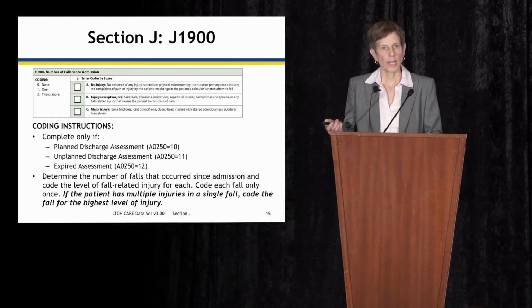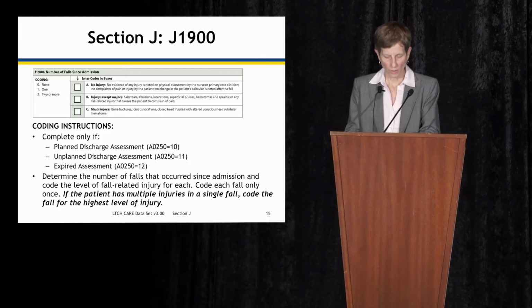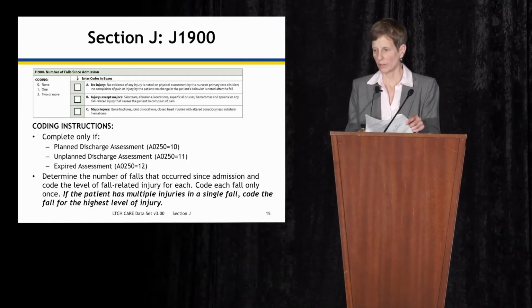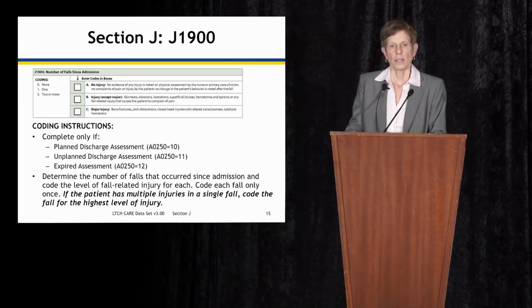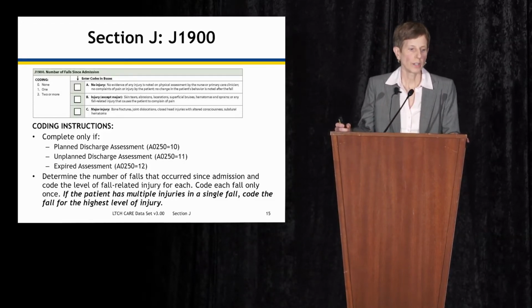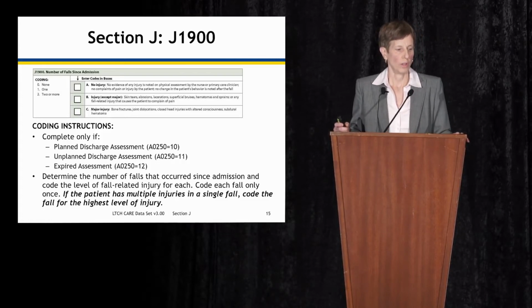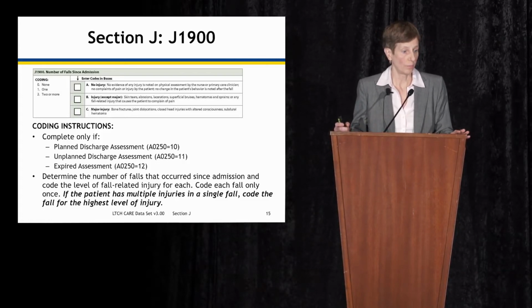So this is what J1900 looks like. The coding instructions are here, and one thing I wanted to point out on this particular slide is that you are to determine the number of falls that occurred since admission and code the level of fall-related injury for each fall.